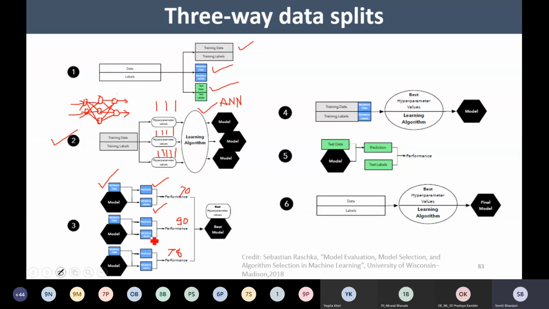Here, model number 2 is giving me the highest performance out of these three, right? So I'll pick this model as the best model. Whatever hyperparameter values are associated with this second model, I'll say that these are the best hyperparameter values, right? And I'll pick that model.